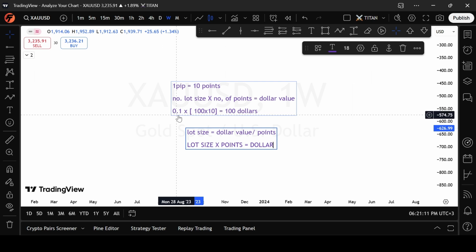You're going to use lot size 10 to get to $10,000.